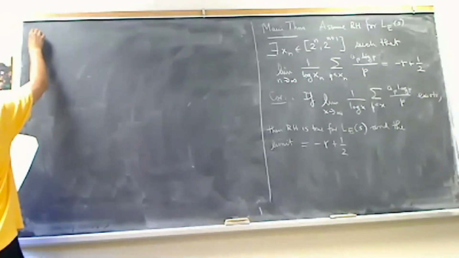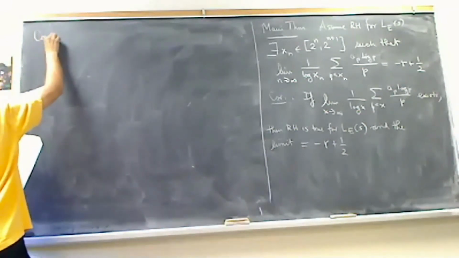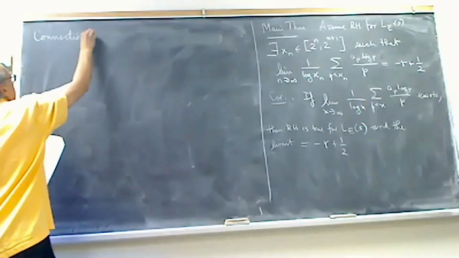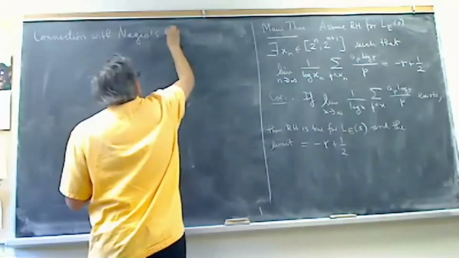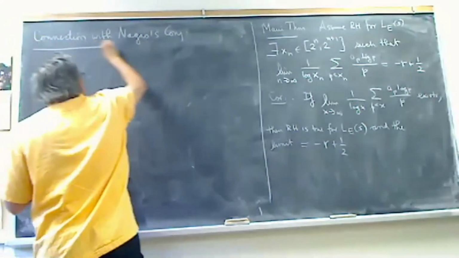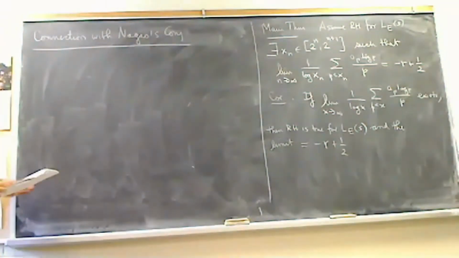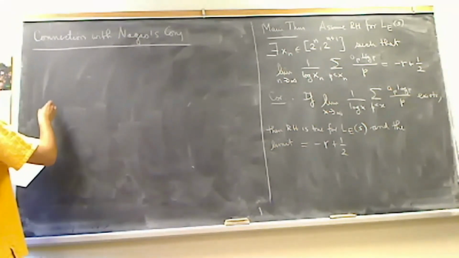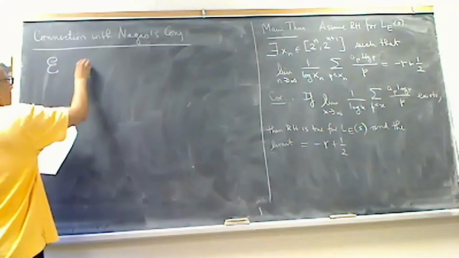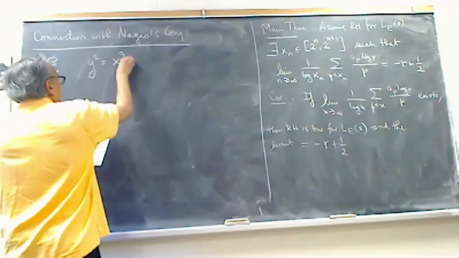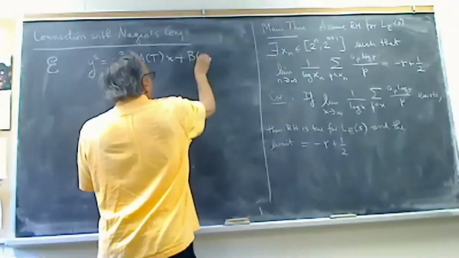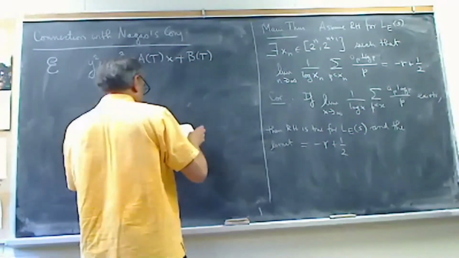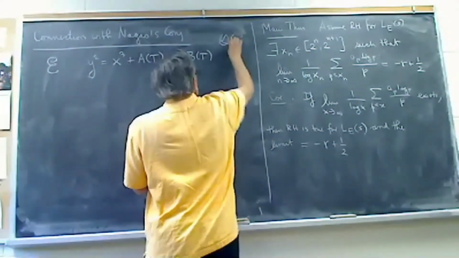Now, let's see. Final remarks: connection with Nagao's conjecture. Nagao's conjecture is a different genre, as it were. You take an elliptic surface, y squared equals x cubed plus a(t) x plus b(t), studied over Q(t).